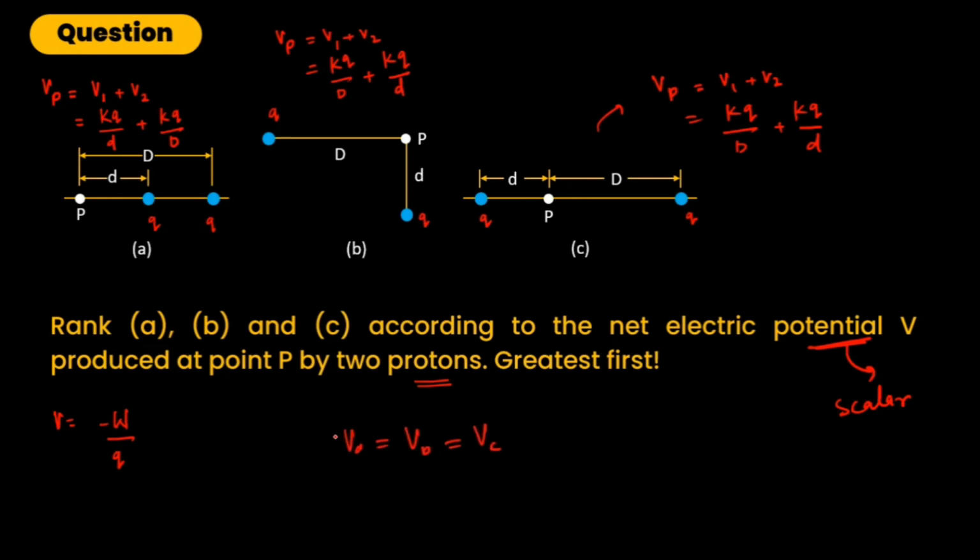We have to understand this thing, that potential doesn't depend upon how charges are being placed, but it depends upon at what distance the charges are placed. If they're placed at the same distance and we are finding the potential at a given point, they are going to be same, just like in this problem. So we have to understand that potential is a scalar quantity and it doesn't depend upon the configuration of charges. I hope you get it. Let's move ahead.